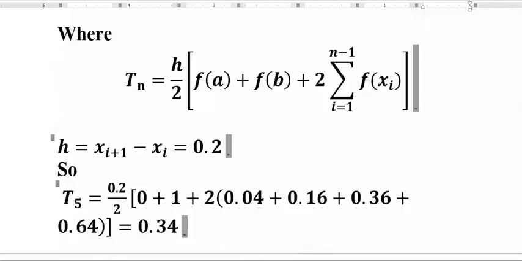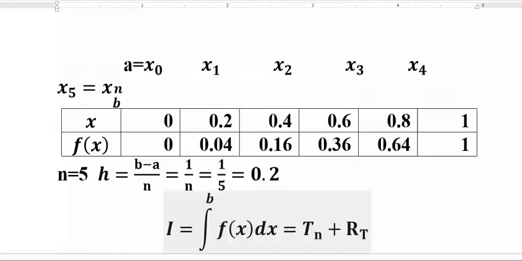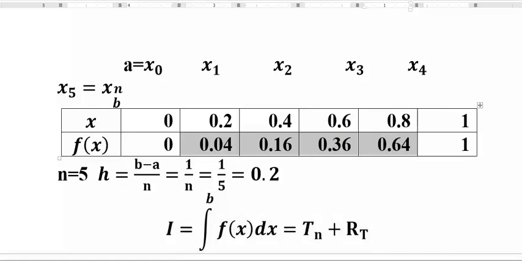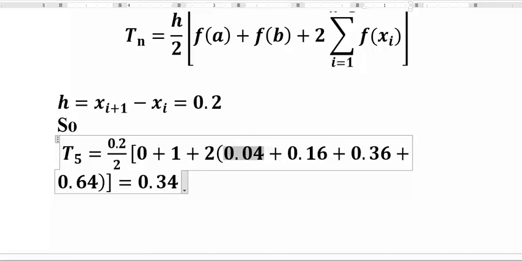Here is f of a plus f of b, which is 0 plus 1, plus 2 multiplied by the summation of all the remaining values of f: 0.04, 0.16, 0.36, 0.64. Here is 2, and we sum in the bracket 0.04, 0.16, 0.36, and 0.64. Understand? Yes. The result here is 0.34. This is T5, or the trapezoidal rule taking 5 points.